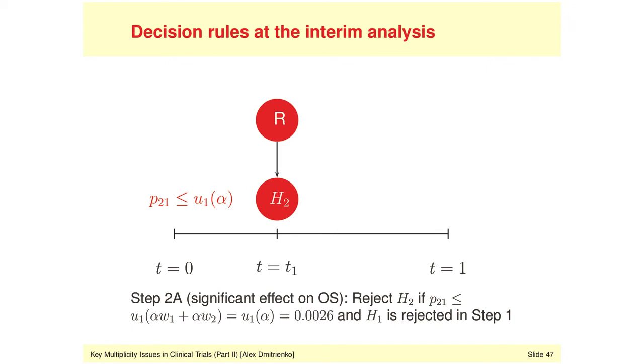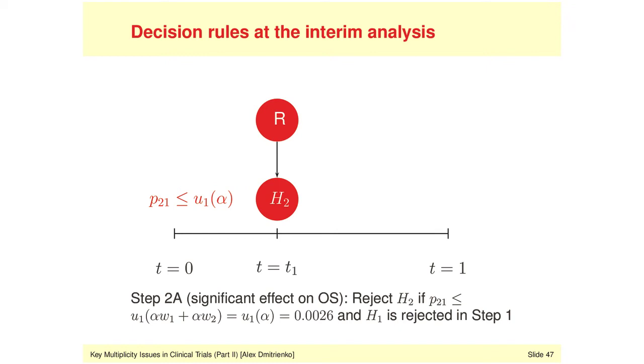Then what will be the significance level that can be applied to the hypothesis H2? This slide helps answer this question. We can refer to this as step 2a. This will be the set of decision rules that will be applied to the overall survival test, provided we were able to reject the null hypothesis H1 for progression-free survival.